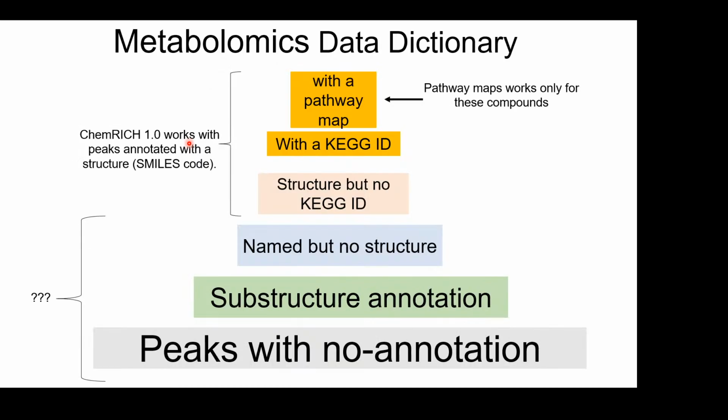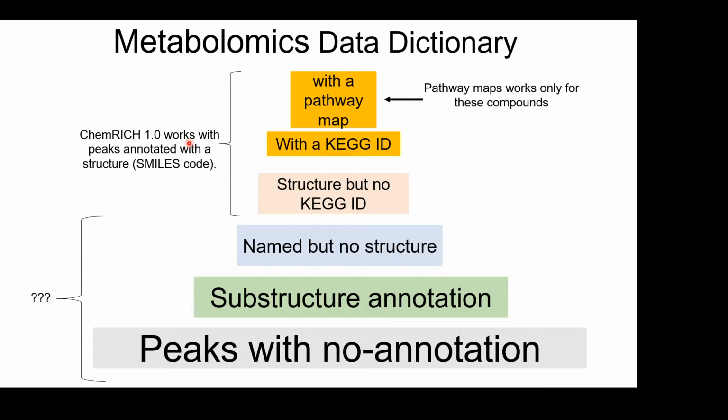Now if we look at a typical metabolomics data dictionary, the annotated and unannotated compounds can be divided into these six pillars. The bottom one is the majority of peaks that have no annotations.